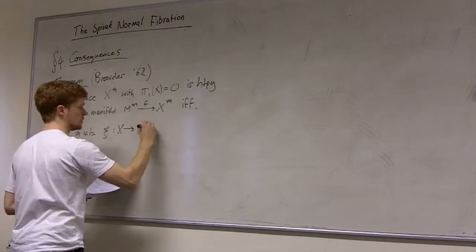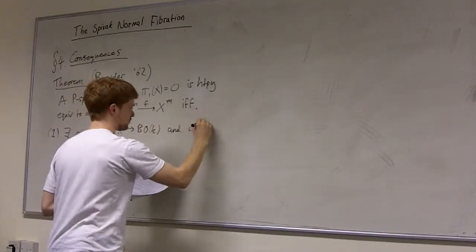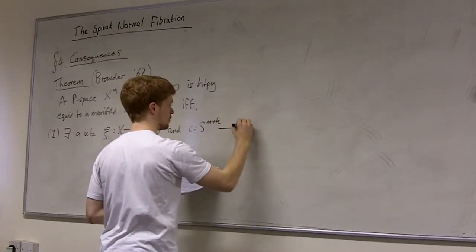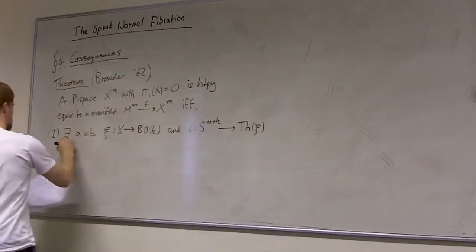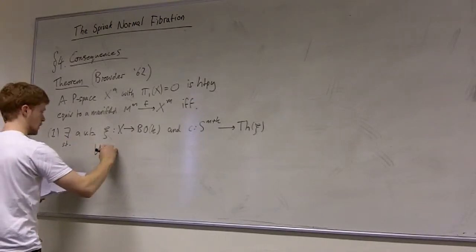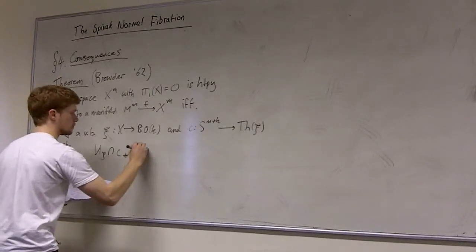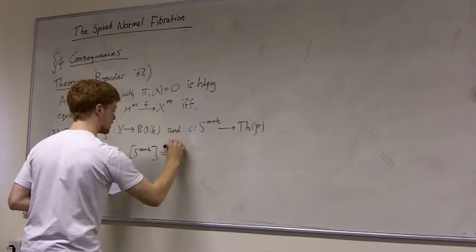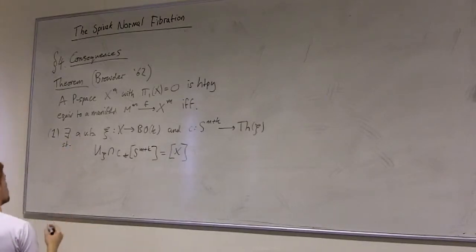So this is the vector bundle, and some map to Thom space, such that our agreement with the Thom isomorphism from before holds. So this is fine. This is all you need in odd dimensions. So note this is a vector bundle.